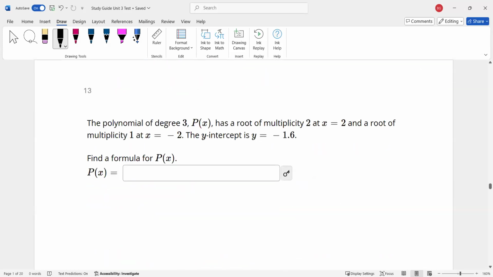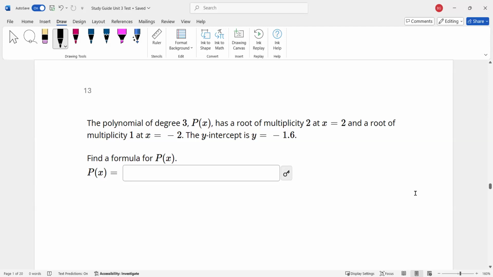Next, question number 13. The polynomial of degree 3, P of x, has a root of multiplicity 2 at x equals 2 and a root of multiplicity 1 at x equals -2. The y-intercept is negative 1.6. We need to find a formula for the polynomial function with degree 3.